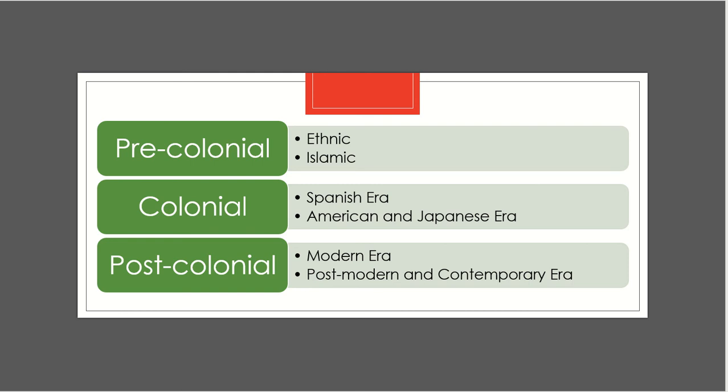So, under the pre-colonial, you have the two periods of arts, the ethnic and the Islamic. And of course, colonial meaning under pa ta sa colony ni. And we had the Spanish era, American, and of course the Japanese era. And after the colonial or the post-colonial, you have also the modern era and the post-modern and contemporary era.